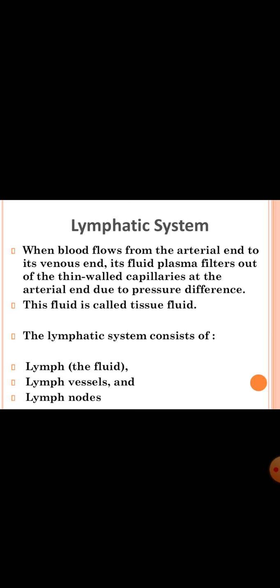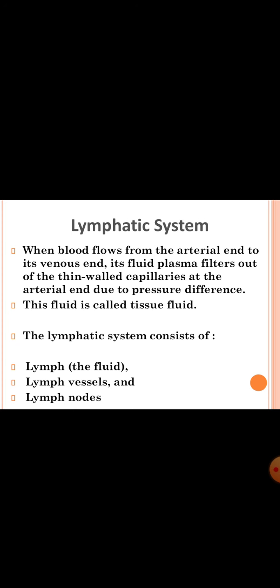A part of the tissue fluid gets reabsorbed into the capillaries at their venous ends to complete the blood volume, and most of this fluid flows through a system of fine thin walled channels that form the lymphatic system.